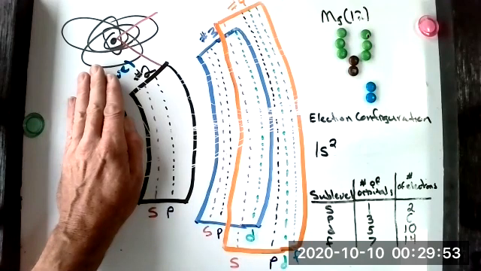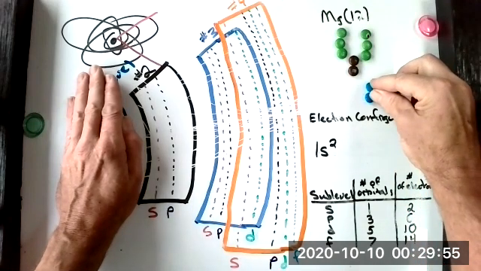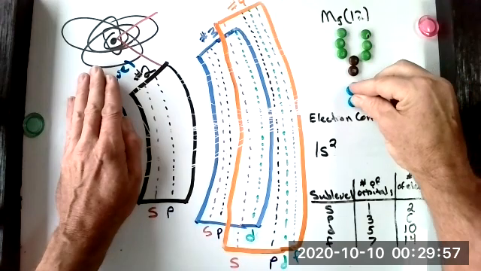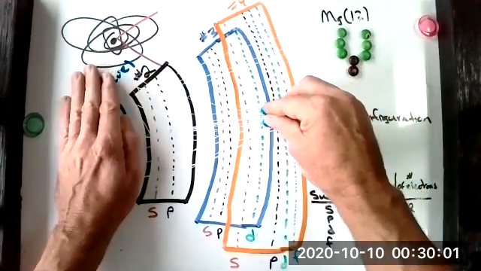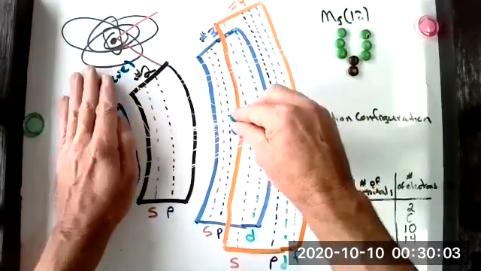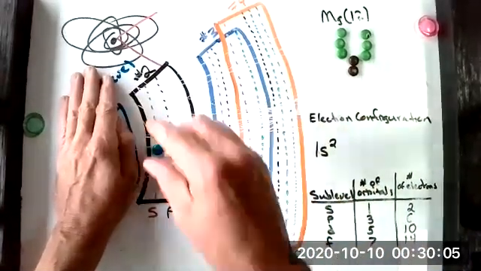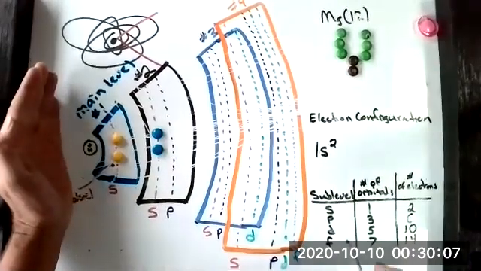Now I'm going to go in pairs. Let's give these 2 electrons a little push. The nearest open main level is number 2. The nearest open sublevel is this S right here. Those 2 guys get in there.